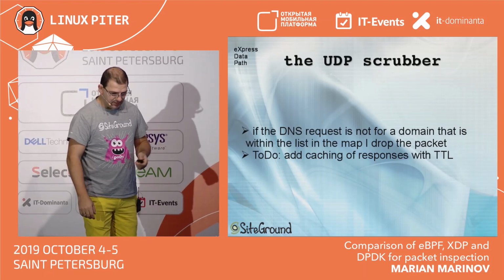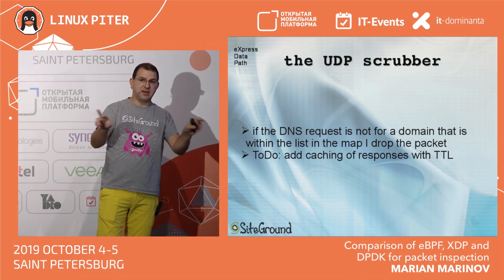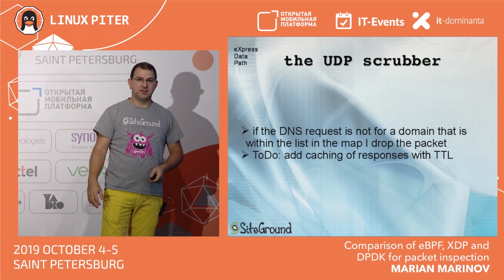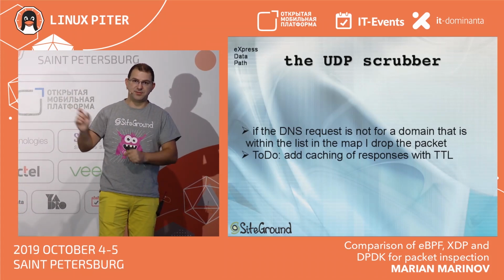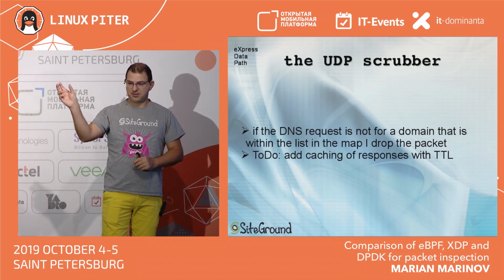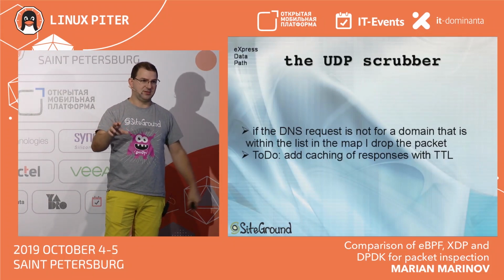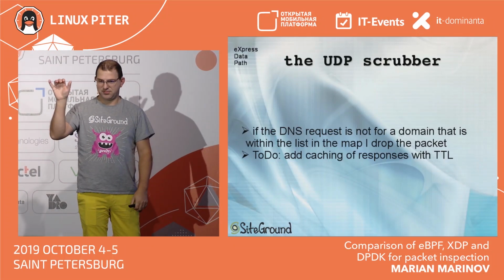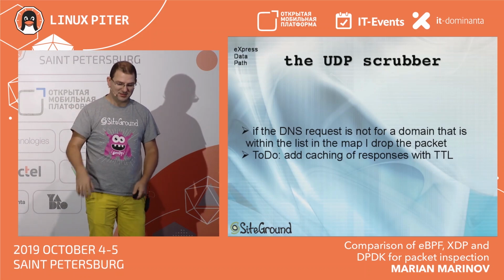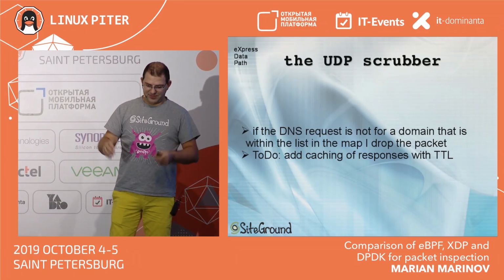So the idea was that the UDP scrubber is pretty simple. You simply get the data from the packet. If it matches something from the map, and by something I mean the TLD and the host name after that. I don't care about subdomains, whatever is after that. So the first part after the TLD and the domain.